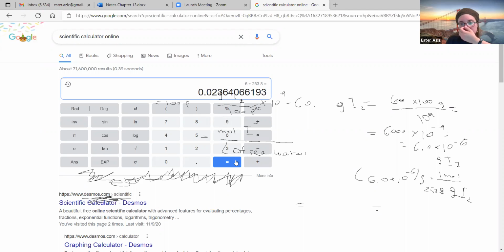Okay, so that is equal to 0.0236 times 10 to the negative 6.